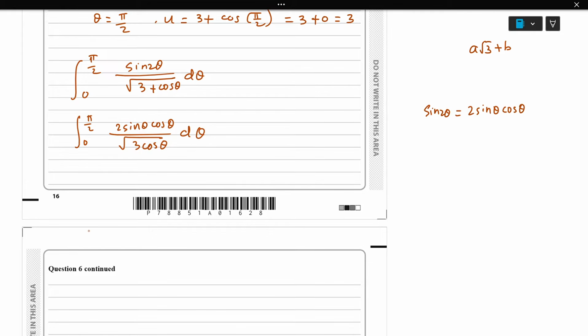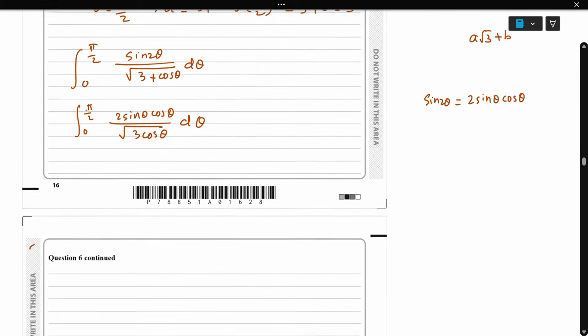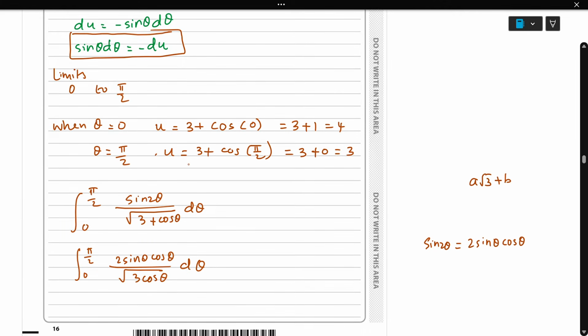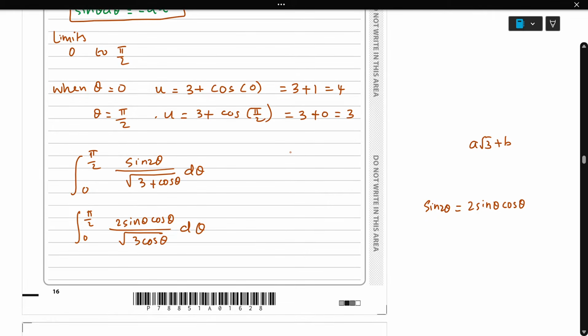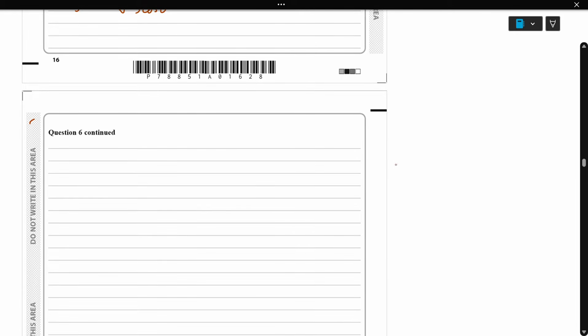Now I'll substitute in terms of u. Now the integral from 0 to pi by 2 can change, because we are going to substitute u, so we write u's limits, which are 4 to 3.